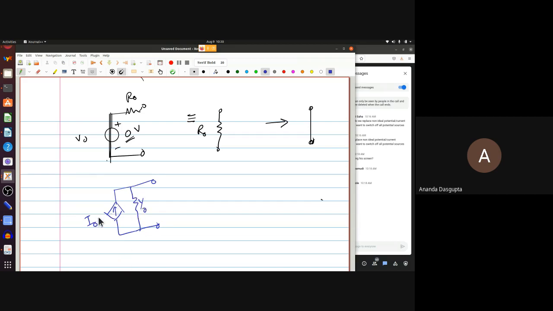If you want to switch off the current source, this goes away. That means there's no current in this branch, you can ignore it. So you just get Y0. So a non-ideal current source gets replaced by its admittance. Of course, if it were an ideal scenario, then admittance would be 0, and 0 admittance simply means open circuit, nothing connected between the two ends.